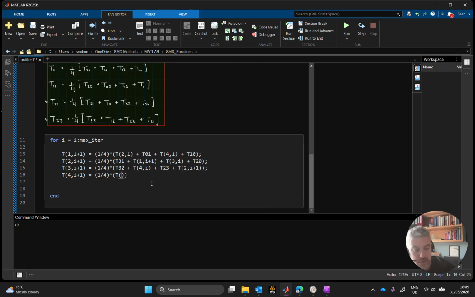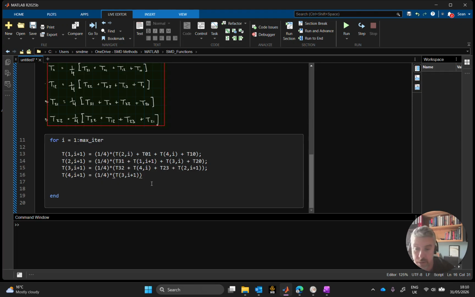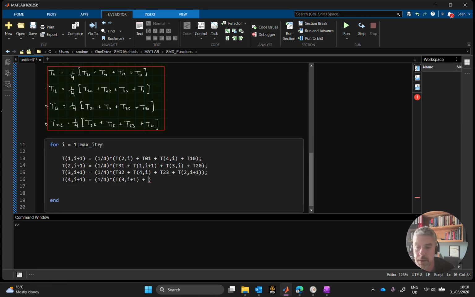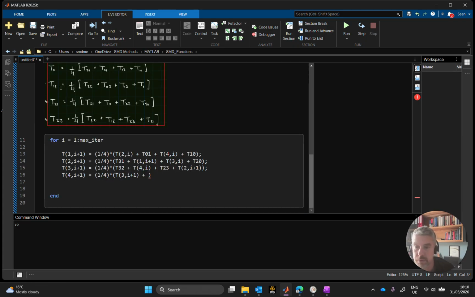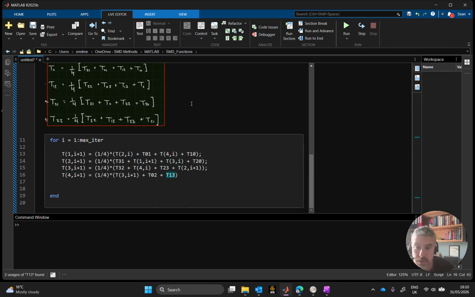This is T22 at I plus 1, I have that value, plus T02, plus T13, plus, last one is T11, which is T11 at I plus 1.